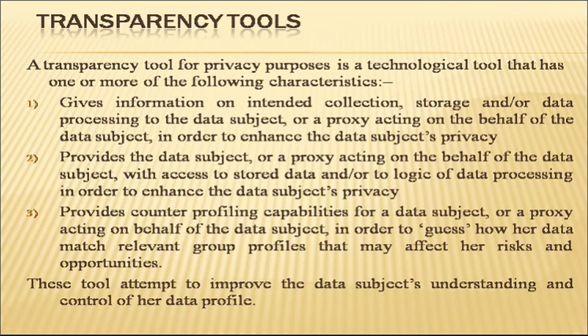So same way transparency tools work. So what it can do is it can provide the areas which can affect the risk, which can affect my privacy, and it can also open the opportunities by which I can enhance the privacy. So transparency tools and opacity tools combinedly can be used to enhance the privacy.